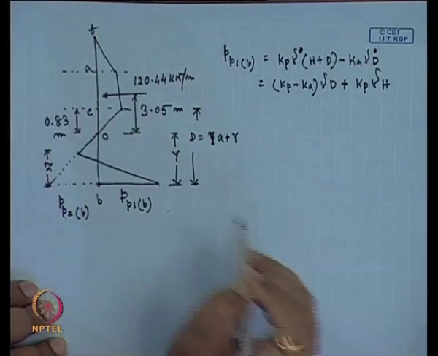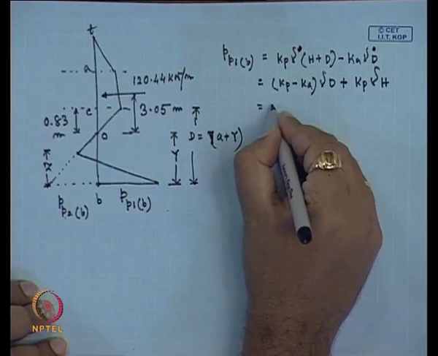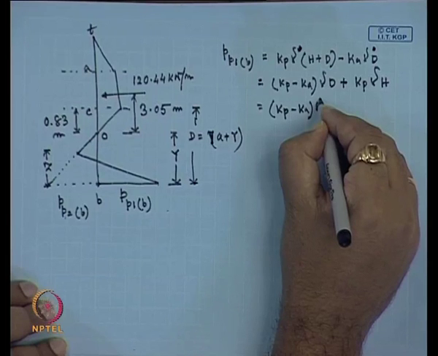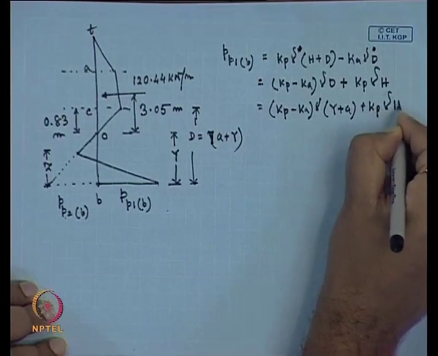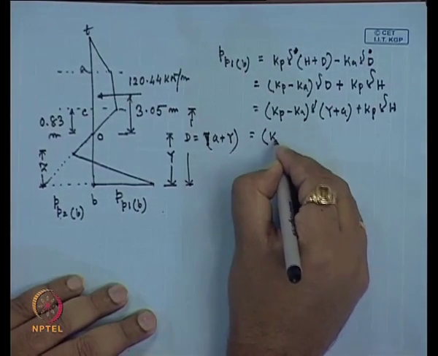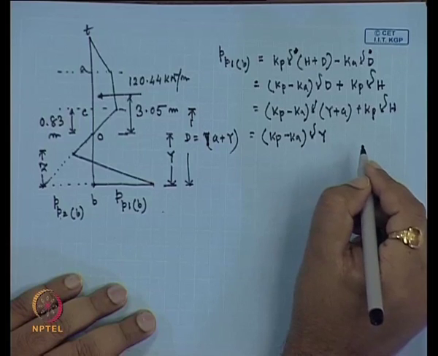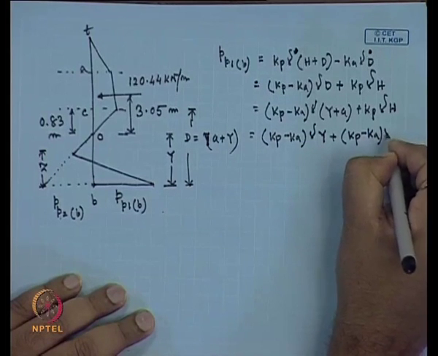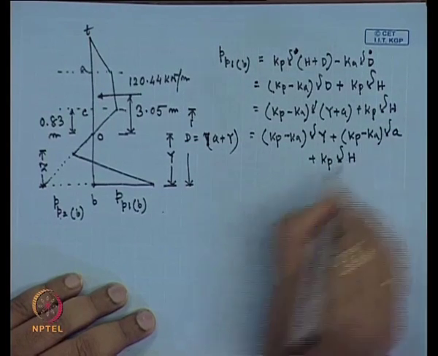So, A plus capital Y is the value of D. If I replace this value here, this is K P minus K A into gamma into Y plus A, plus K P gamma H. Further simplifying, this is K P minus K A into gamma Y, plus K P minus K A into gamma into A, plus K P into gamma into H.